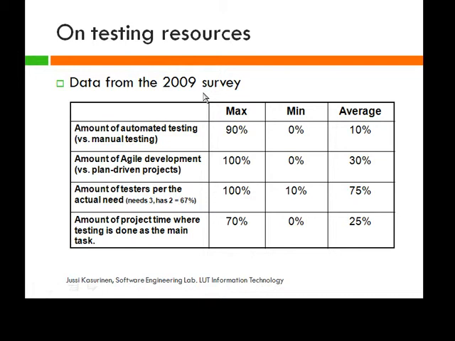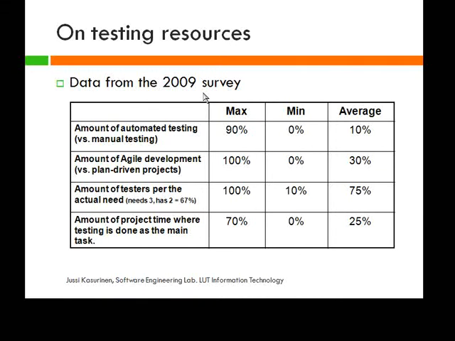So overall, regarding the amount of resources, in the best organizations the testing work was almost completely automated. Only 10% of testing was done by hand, but on the other hand, the average was 10%.